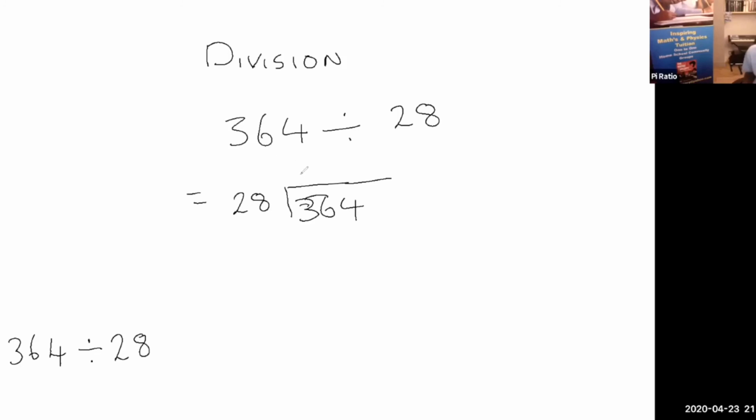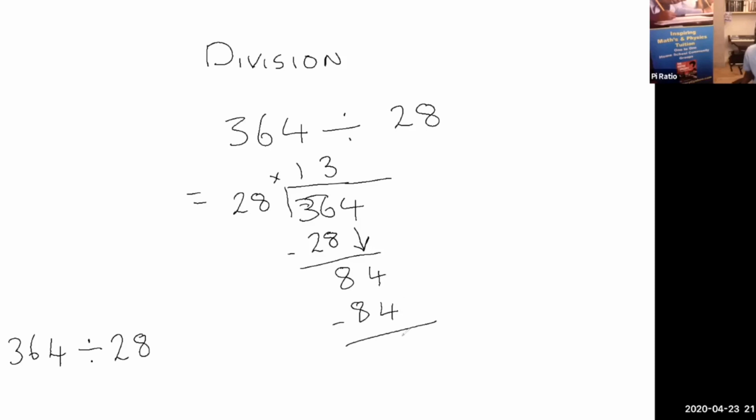28 into 36 goes once. 1 times 28 is 28. If you take that from 36, you are left with 8. And then you bring down 4. 28 into 84 goes 3. 3 times 28 is 84.